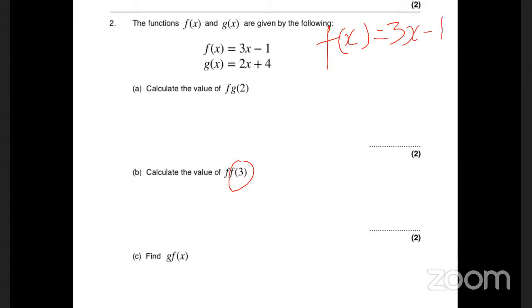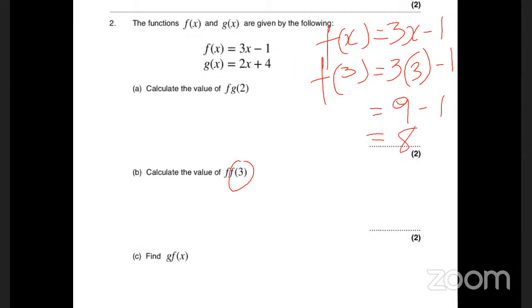So f of 3 equals 3 times 3 minus 1. Yes, 3 times 3 is 9, so this is correct. 9 minus 1 equals 8.